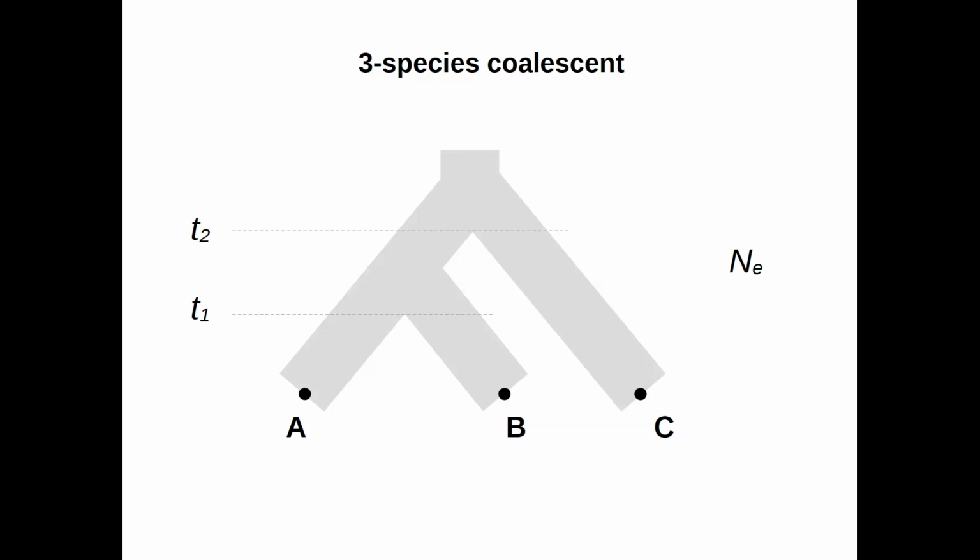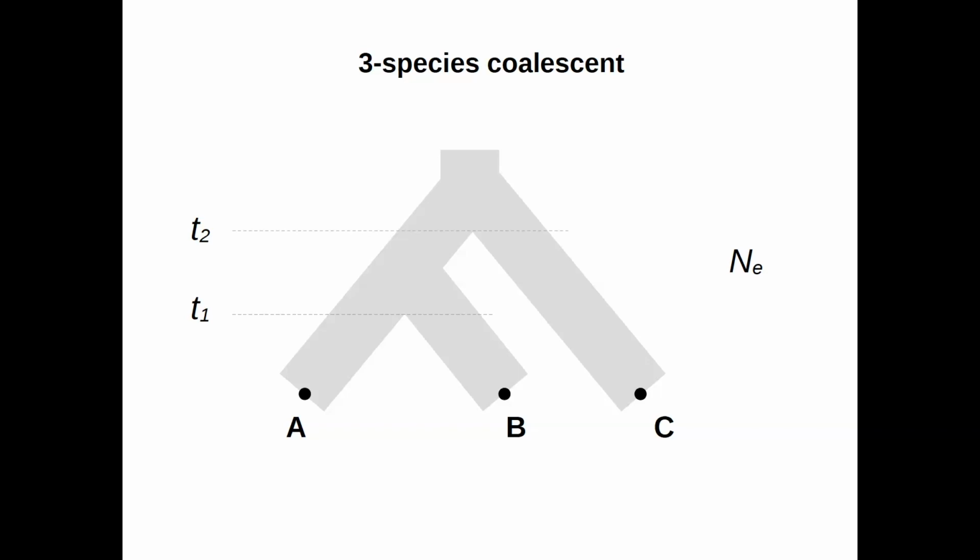Suppose we're interested in species A, B, and C. A and B have diverged T1 generations ago. A and B have diverged from C T2 generations ago. The effective population size, NA, is constant, and we've sampled exactly one gene copy, one allele, per species. Now we're going to think about what kind of genealogy we can get out of this system.